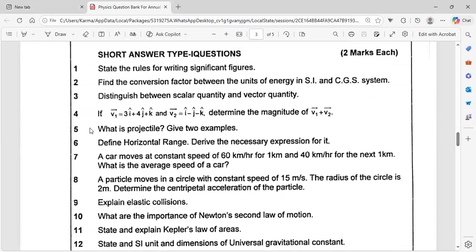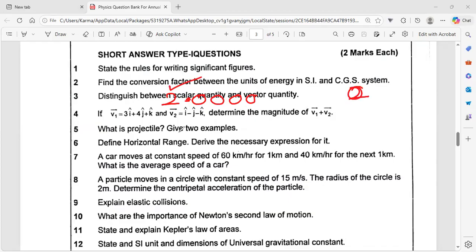State the rules of writing significant figures and significant digits. Decimal places: if there are no digits after the decimal place, then the significant digit is only 1.